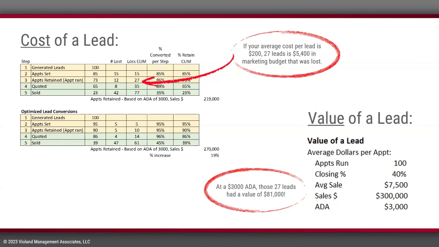Actually, it's $81,000. These 27 leads that we lost before having the opportunity to even sell to this customer represent $81,000 in potential revenue. And what hurts even more is that even though we didn't get the $81,000 in potential revenue, we still paid the $5,400 in cost.